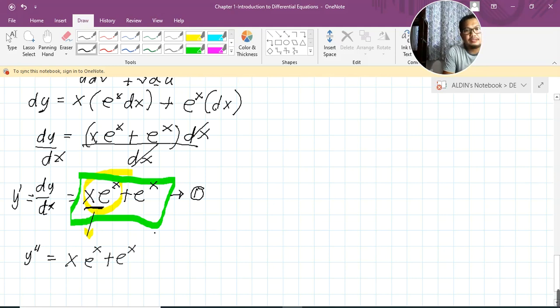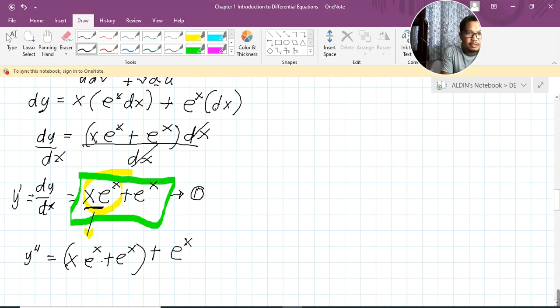Ito yung derivative nitong x e raised to x. Kasi nahanap natin kanina, yan yung first derivative kanina. So, plus. Ano yung derivative nito? What is the derivative of e^x? Simply, e^u du. So, therefore, this is e^x multiplied by the derivative of x or 1.